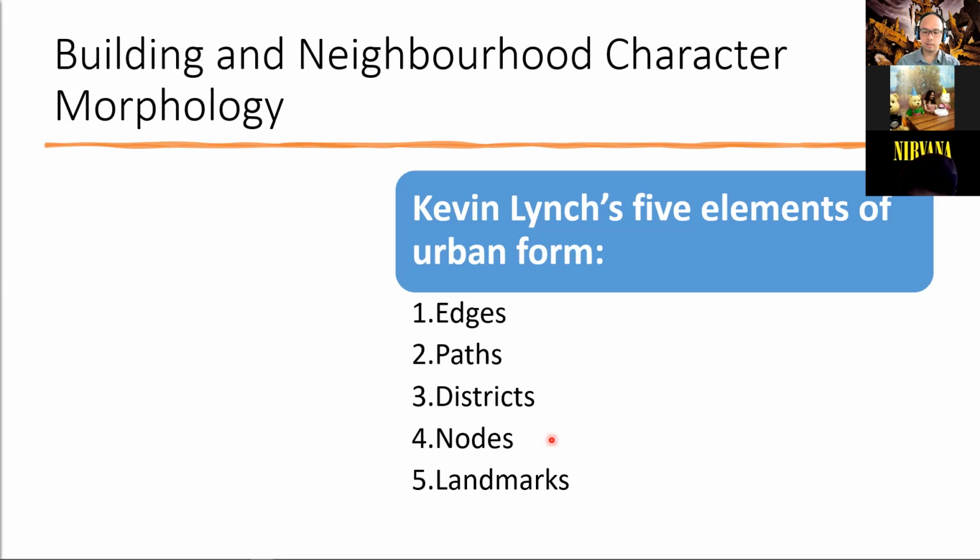Nodes are like hubs. I think the best examples of nodes are entrances, plazas, and major intersections. And finally, landmarks: any unique building, unique structures such as bridges or dams, and perhaps even distinct natural features.